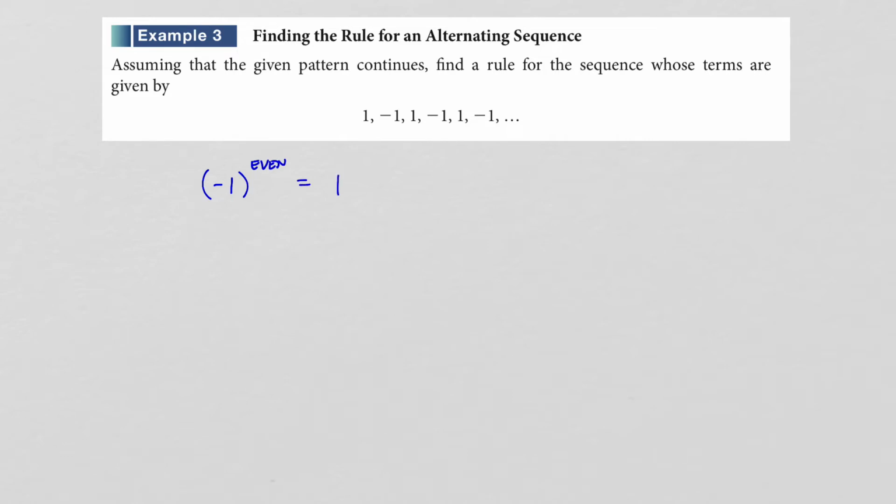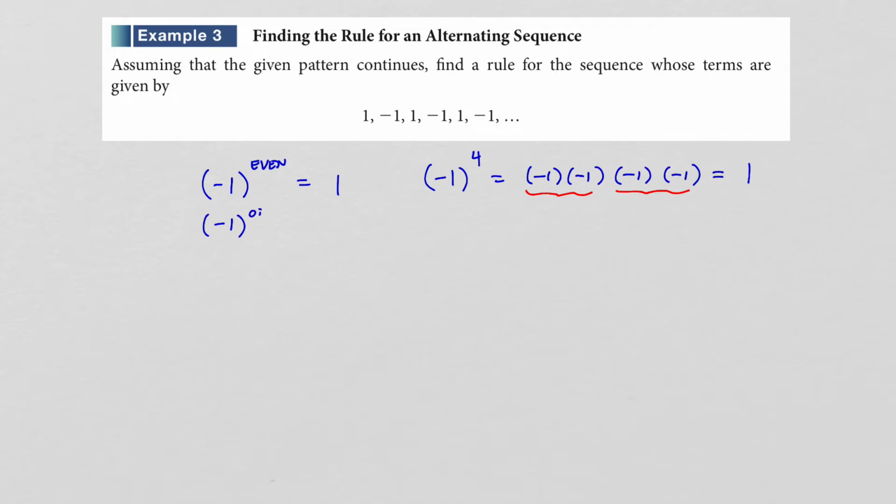So just think about that for a minute. If I take -1 and I raise it to the 4th power, this is -1 times -1 times -1 times -1. And this is 1 because every pair of negatives makes a positive when you multiply. So for that reason, -1 to any even power is always 1.